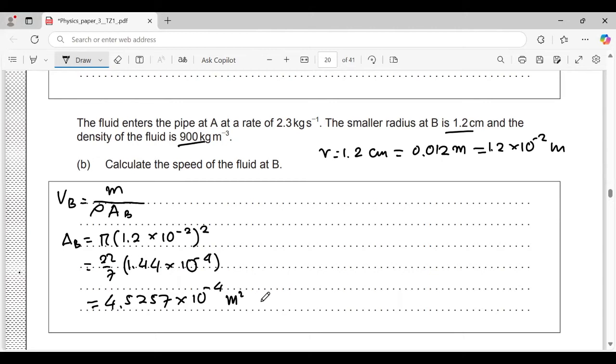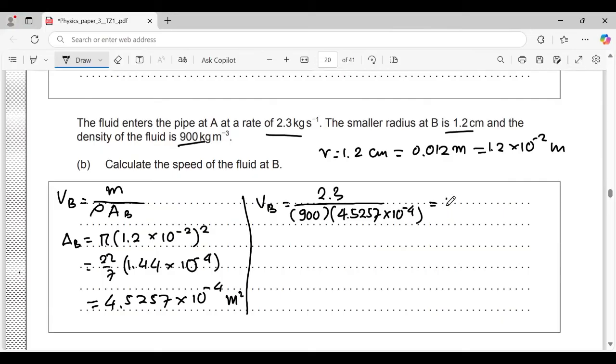Next, substitute into this formula. v_B equals the mass 2.3 over 900, because rho is 900, times 4.5257 times 10 power minus 4. Calculate 2.3 over 900 times 4.5257.